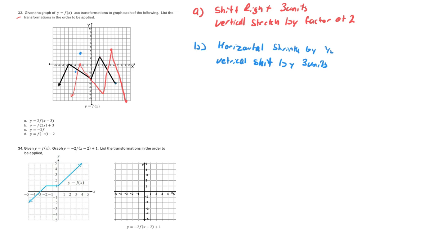This one, 0 times 1/2 is 0. And then we'll go up 3 units. Over here we're at 2. 2 times 1/2 is 1. Then we're vertically at 2, so we'll go up 3 units.